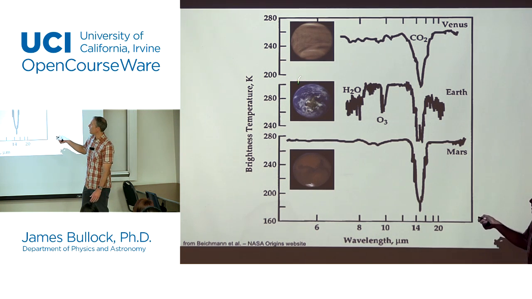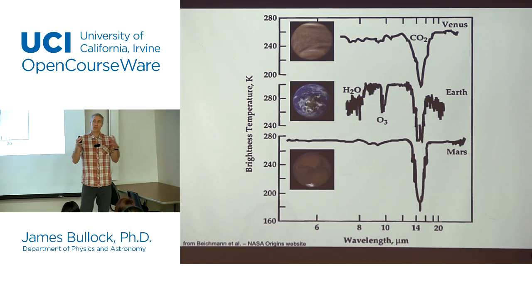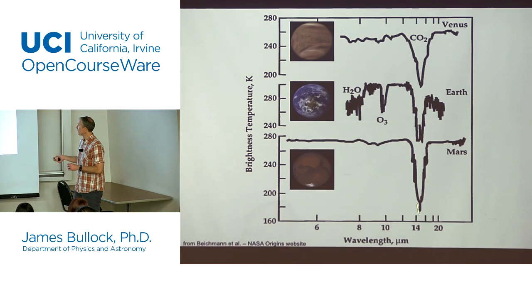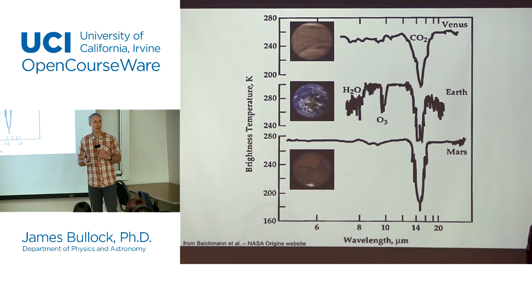This looks like a planet that's alive. This looks like a planet that's a desert. Okay? So the point is, there's a lot of power in spectroscopy. These lines are very boring looking, but if you know what you're looking at, your imagination starts to run wild.